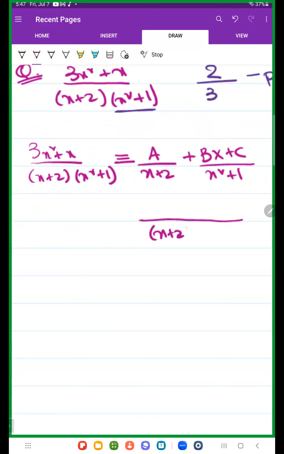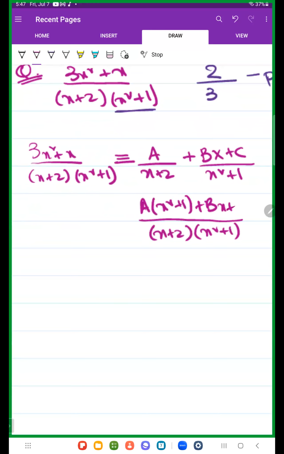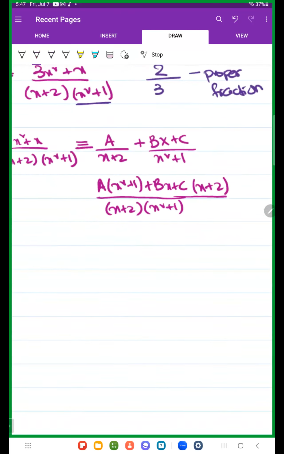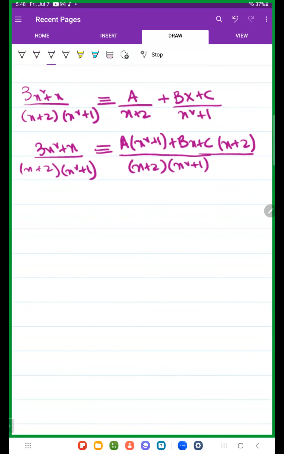This becomes x plus 2. This becomes x squared plus 1. A will be multiplied with x squared plus 1 and bx plus c will be multiplied by x plus 2. And this should be equal to 3x squared plus x upon x plus 2, x squared plus 1. Now you rewrite the numerators only.